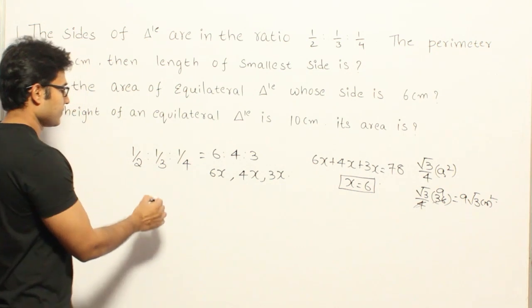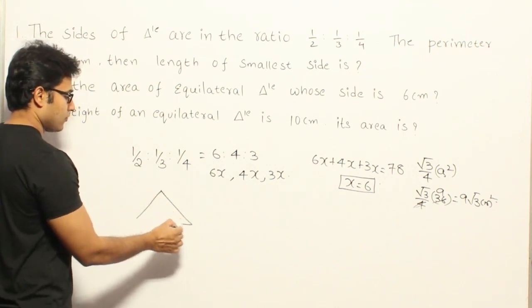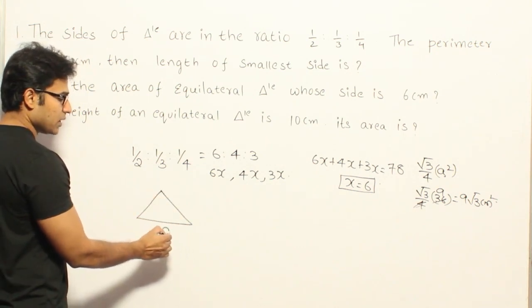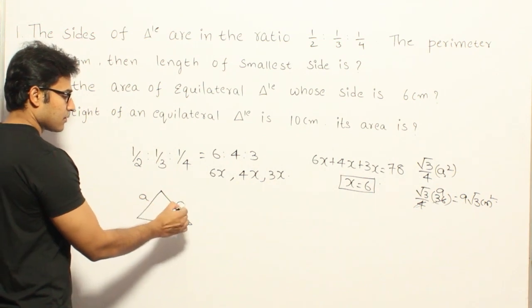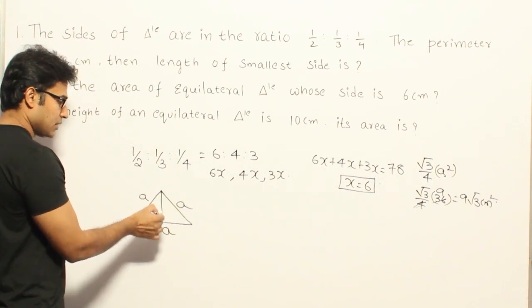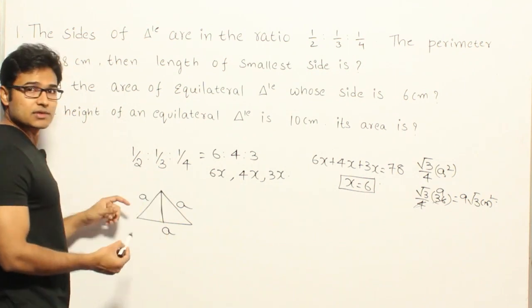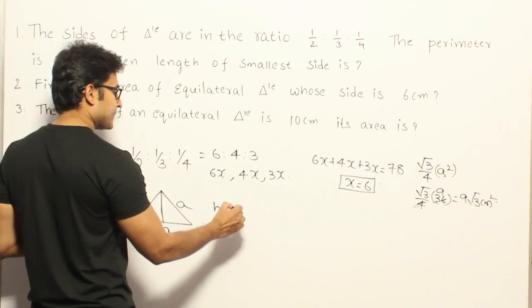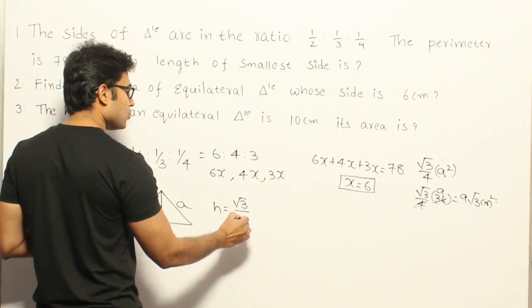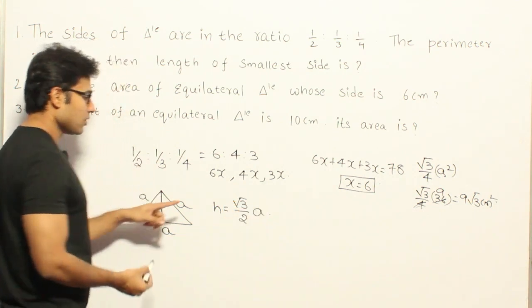Okay, next one is, the height of an equilateral triangle is 10 centimeters, then its area. Now we know that if each side is assumed to be a, then the height of the equilateral triangle in terms of the side is root 3 by 2 a. We have already derived it.